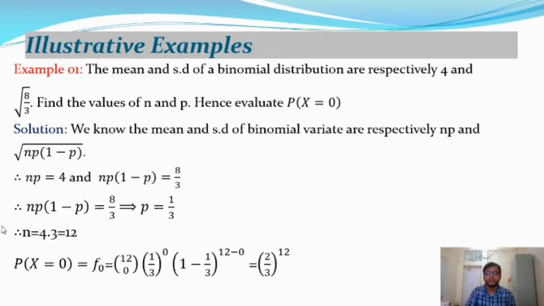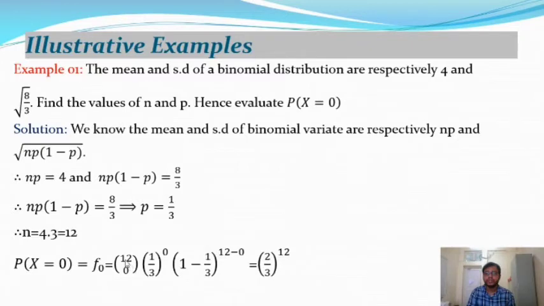After that we are going to find the probability of x equal to 0 in a binomial distribution. The probability of x equal to 0 is f0, that means 12C0 p to the power 0 into 1 minus p whole to the power 12 minus 0.